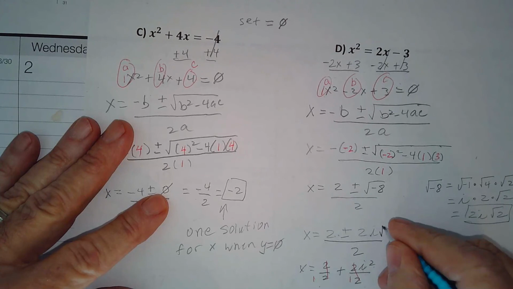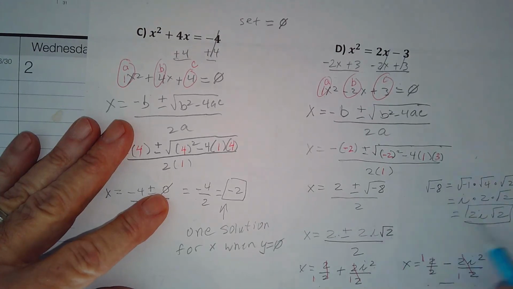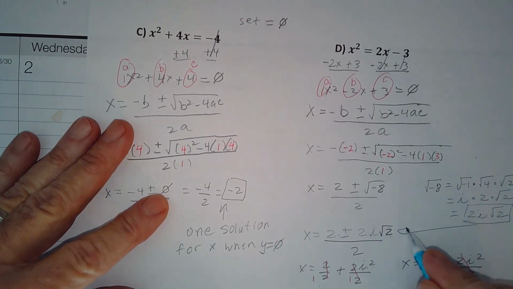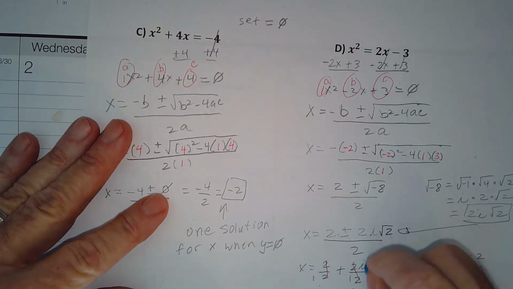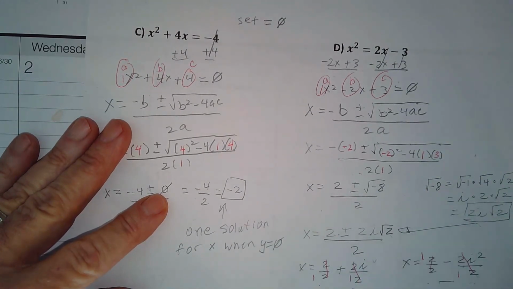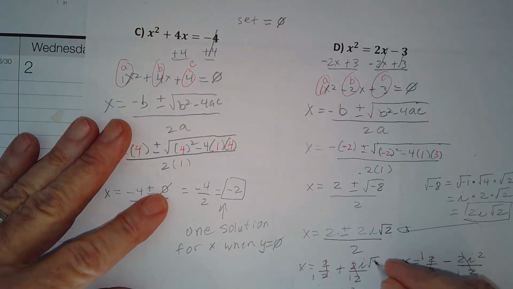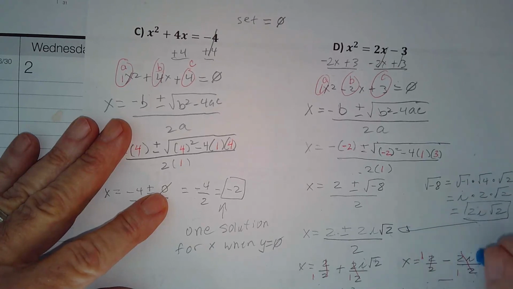So change this up above. I said 2i squared when I meant 2i square root of 2. Please make that change.